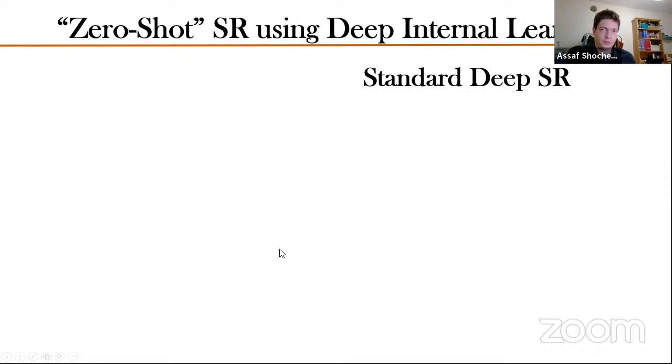In the world of deep learning for super resolution, the usual thing that you would do is exactly what you probably assume. You get a data set containing matching pairs of low resolution and high resolution images.